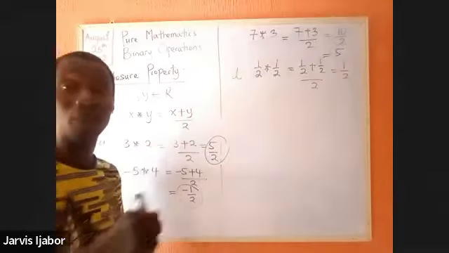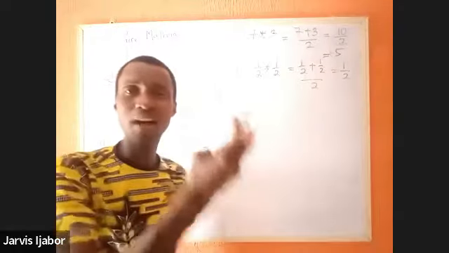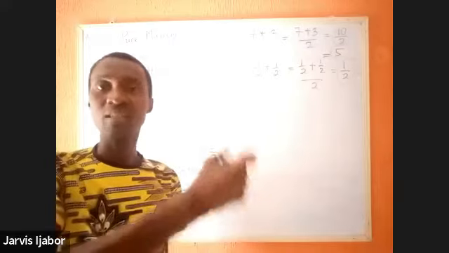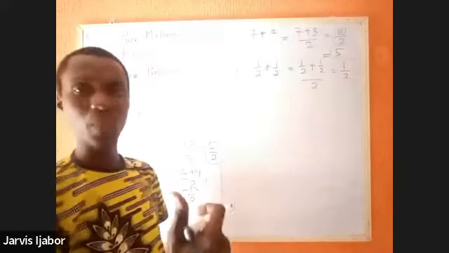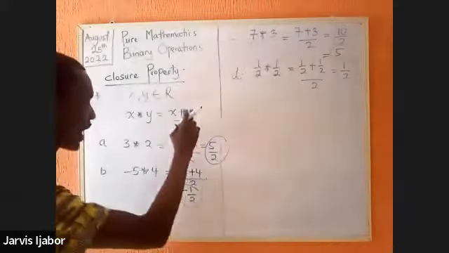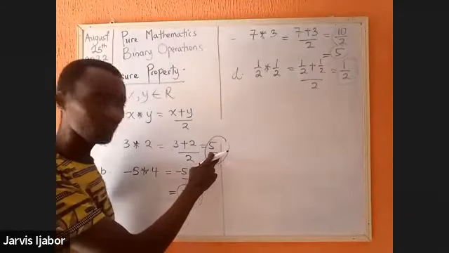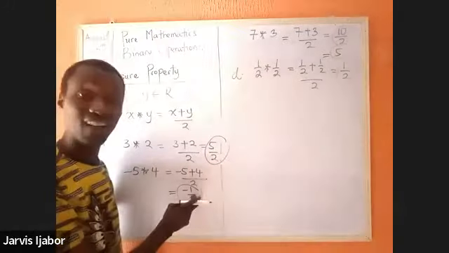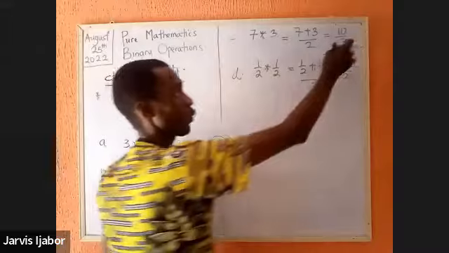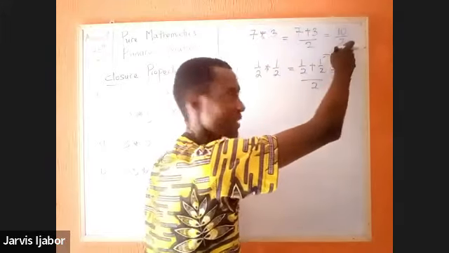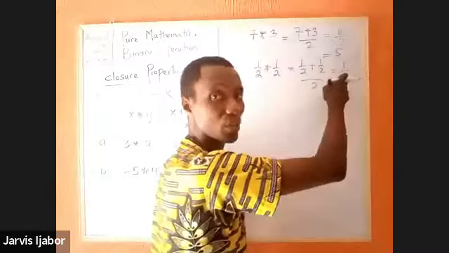So if they are real numbers, it means that natural numbers, integers, rational numbers, and irrational numbers will be in that group. See the answers we have here. We have a rational number, so it's in that group. We have another rational number, it's in that group. We have a whole number, a positive whole number, a natural number, it's in that group. And we have another rational number, it's in that group.